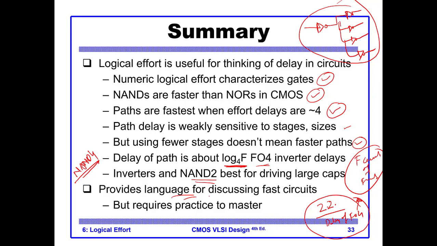This is the end of logical effort, and this is the end of the chapter on delay. I hope that you will practice with several other examples and problems, and hopefully in the assignments try to solve them yourself. These are a very important set of problems that you will be asked about in your final exams.